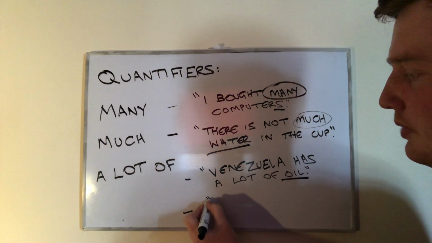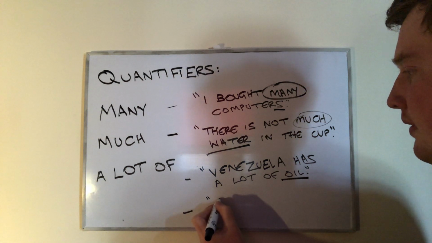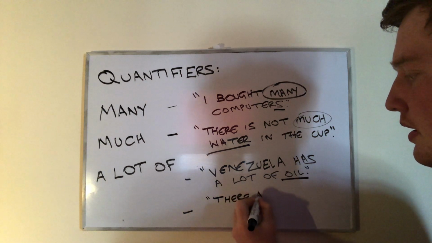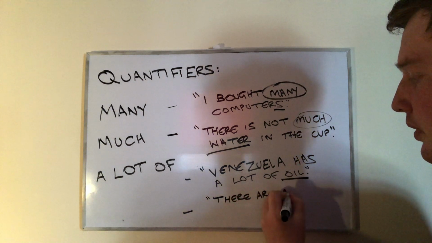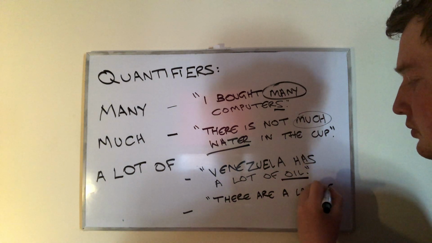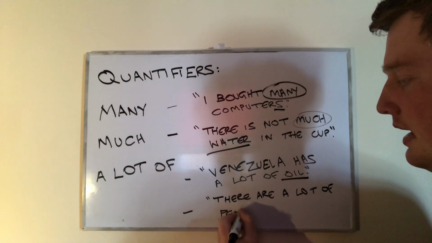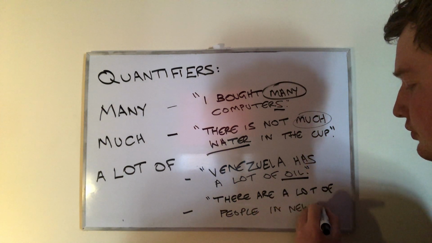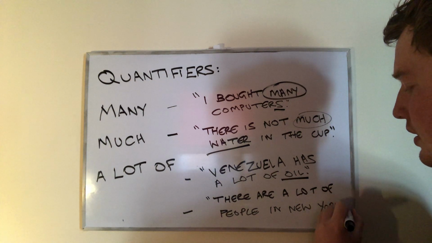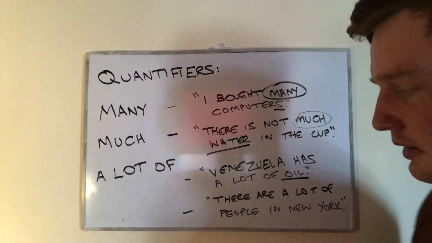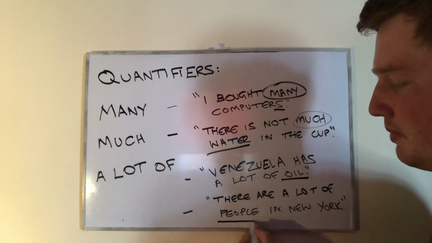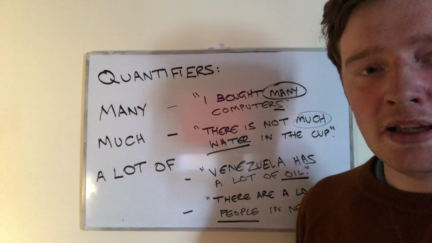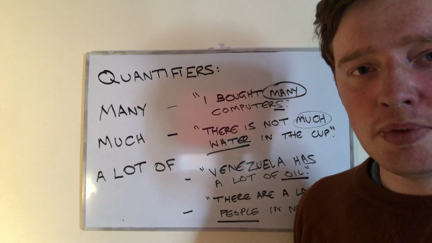To look at another example, we could say there are a lot of people in New York. So the noun here that we're applying the quantifier to is people, and is people a countable or uncountable noun?